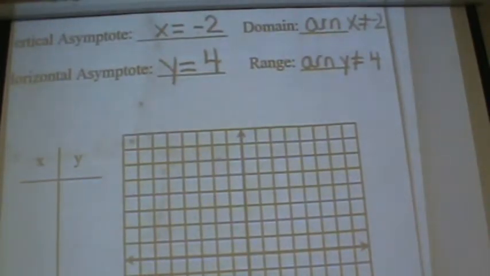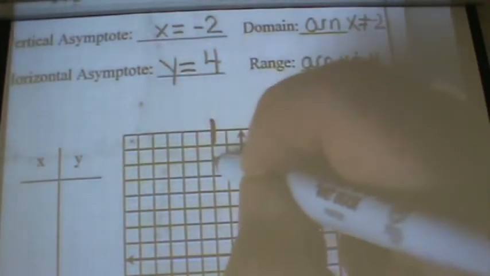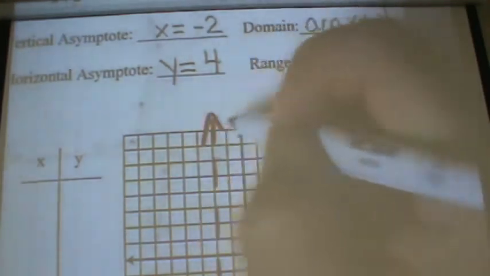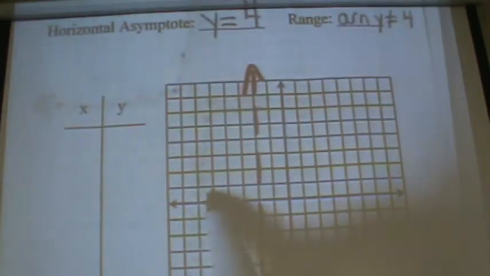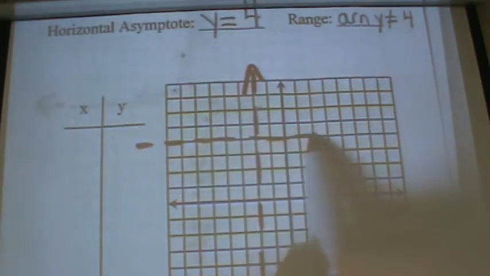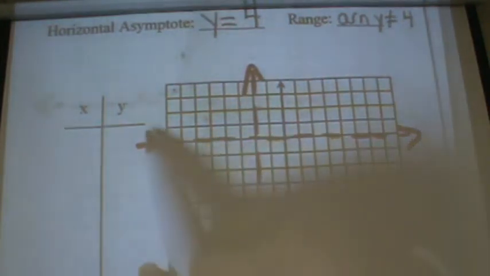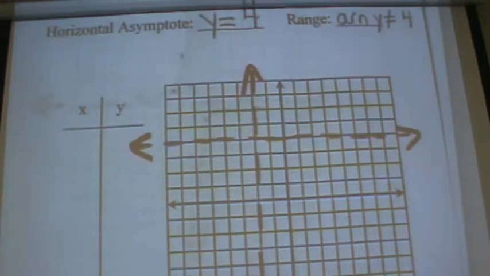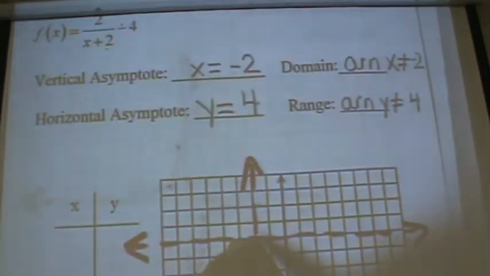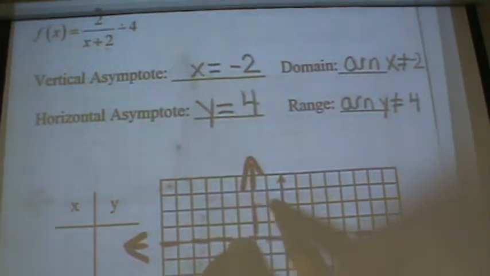How are you gonna sketch this graph? What are you gonna do? At -2, we're gonna have a broken line. And at 4, and can you tell me where do I go from there? From here, you're gonna go over 1, up 2, over 2, up 1.